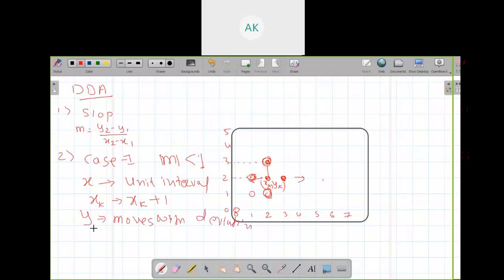So xk plus 1 will be xk plus 1, and the next point yk plus 1 will be your current point yk plus the deviation, which is the slope m. We have calculated how this is changing.